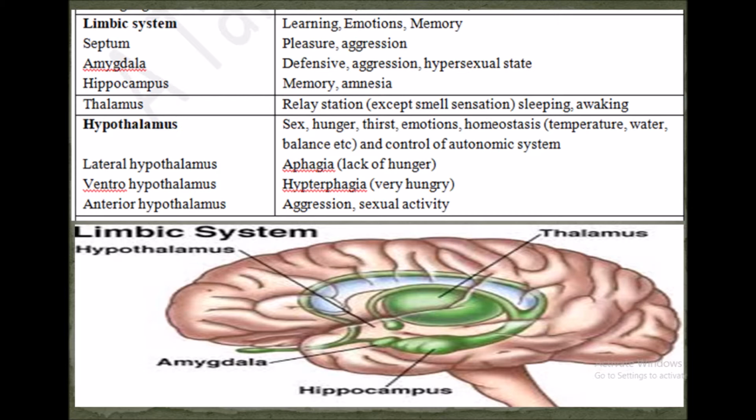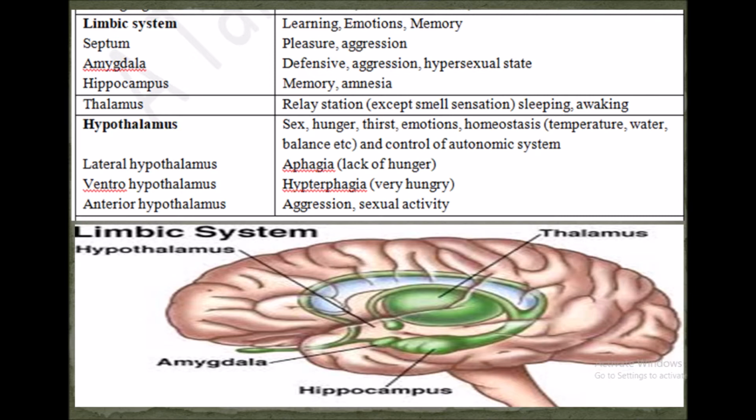Lateral hypothalamus will be responsible for your hunger. Ventral hypothalamus is also responsible for your hunger. When any problem emerges in the lateral hypothalamus, any disturbance created in the lateral hypothalamus, the person will feel lack of hunger and will suffer from one type of disorder that is called aphasia.